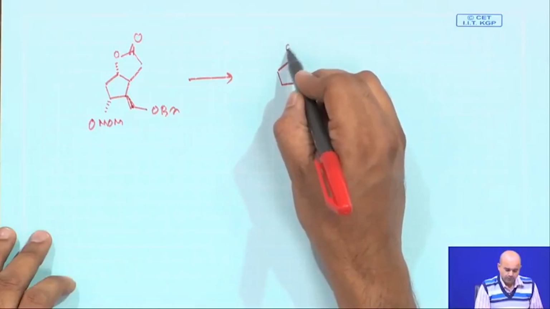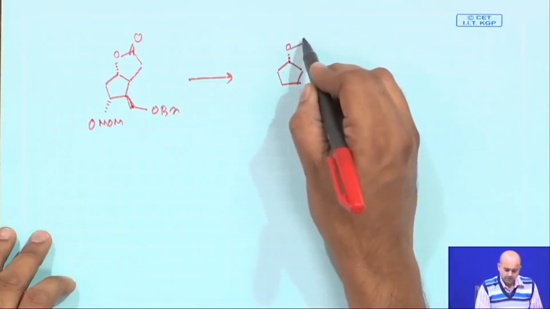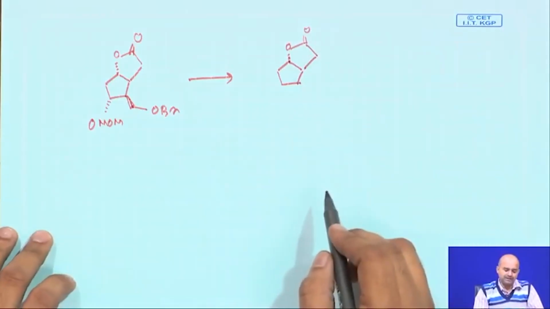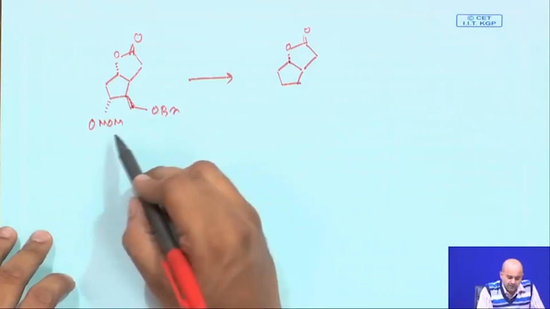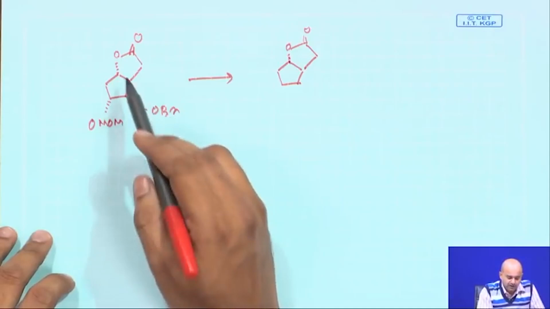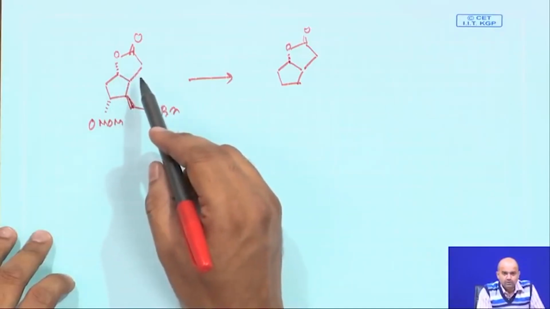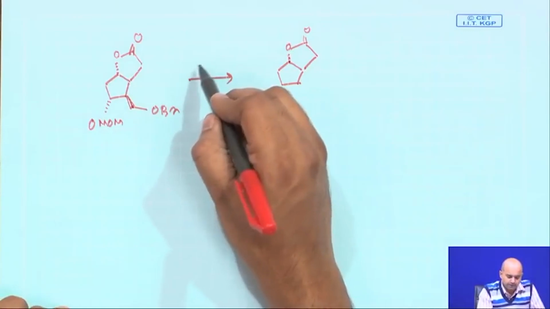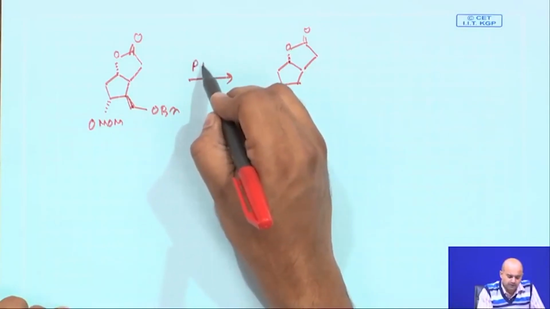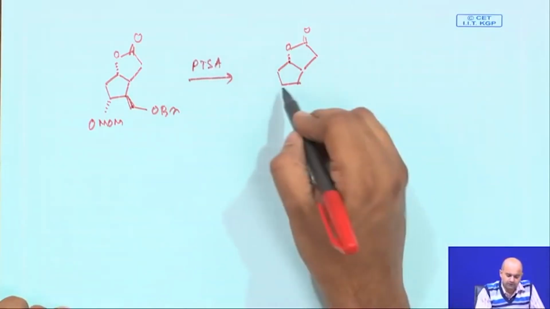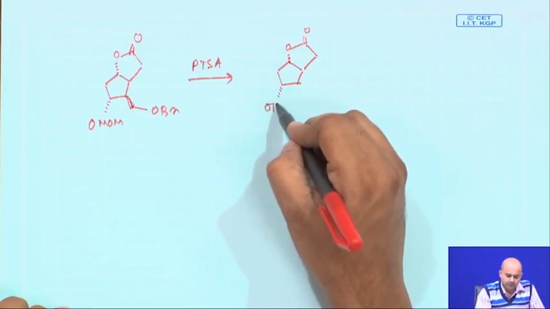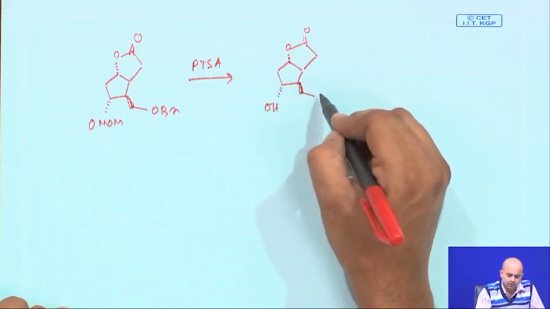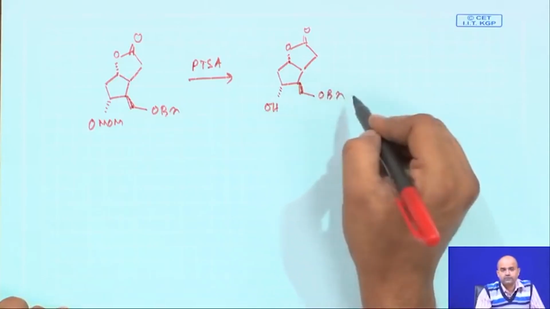I said MOMs are usually labile in acid. The other protecting group is a benzyl, and you have a lactone. Now, a lactone can in principle be clipped by acid, but you need a stronger acid condition. So here, if you use a very mild acidic condition like para-toluenesulfonic acid, you can selectively clip this MOM group, while the benzyl group will remain unaffected.